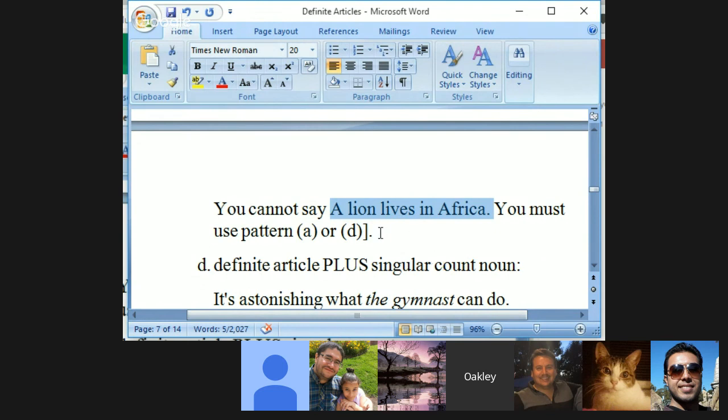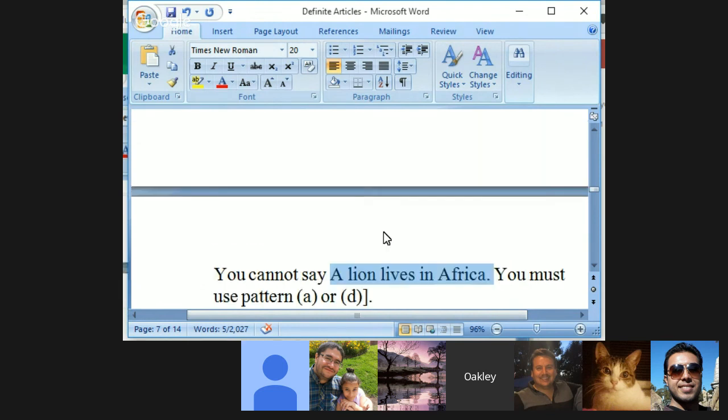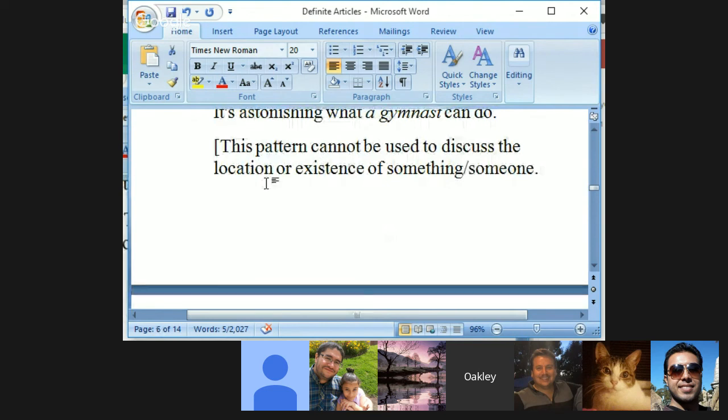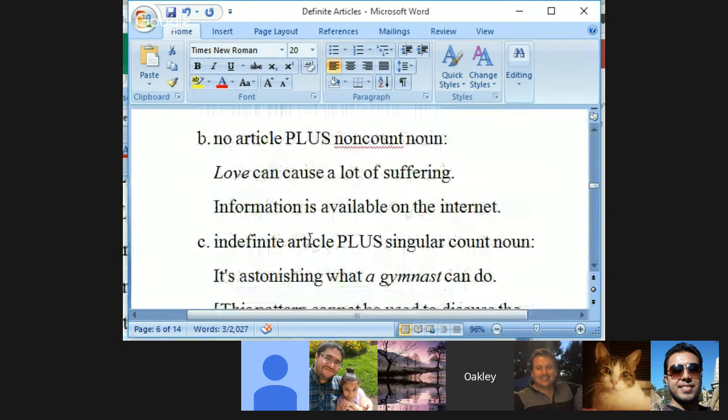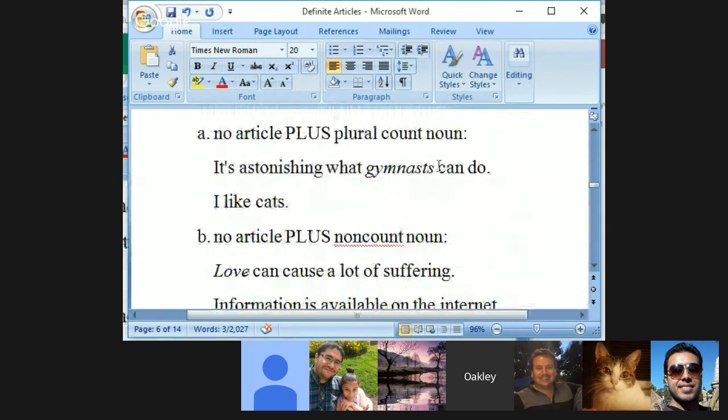So if you want to talk about location or where something is, you can't use this pattern. Again, often in academic writing, we either use a plural countable.